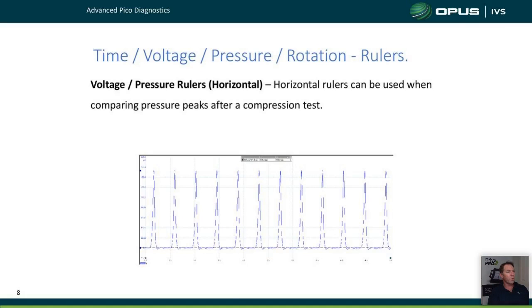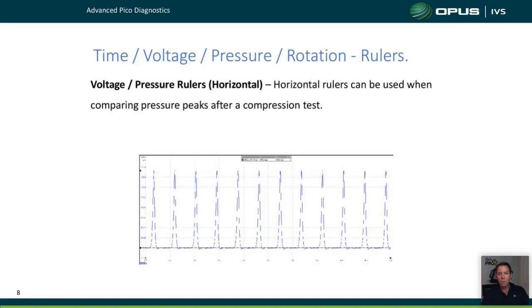I can never remember which way we call it. Much easier to say in-cylinder pressure transducer. Right, so what we tend to use rulers for in that regard is to measure our peaks. You know, we might want to run a line across the peaks, but we actually might want to just get a measurement because sometimes it's a lot easier to see a value up here to determine the actual pressure rather than looking on the side and taking a guess.